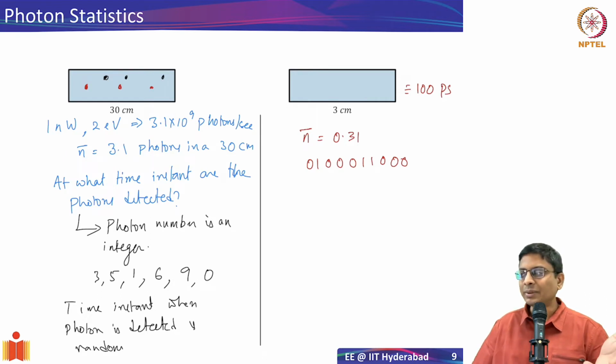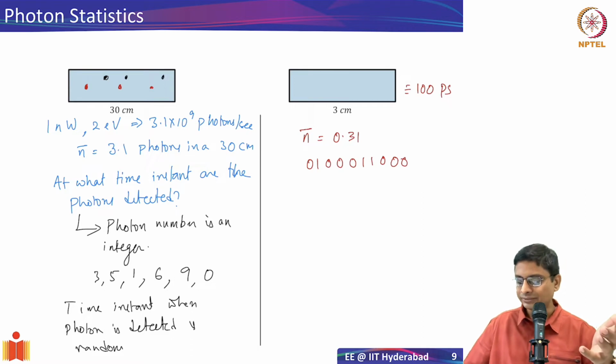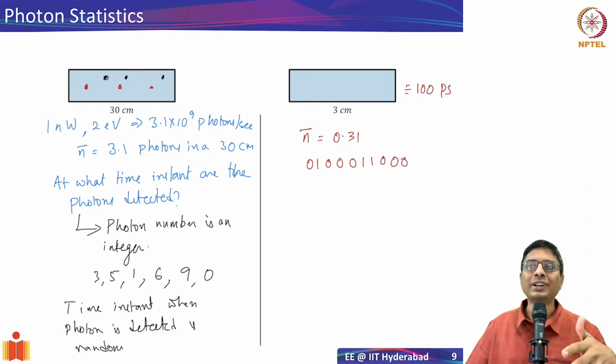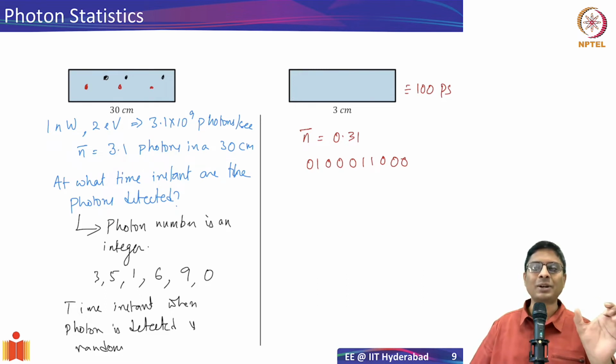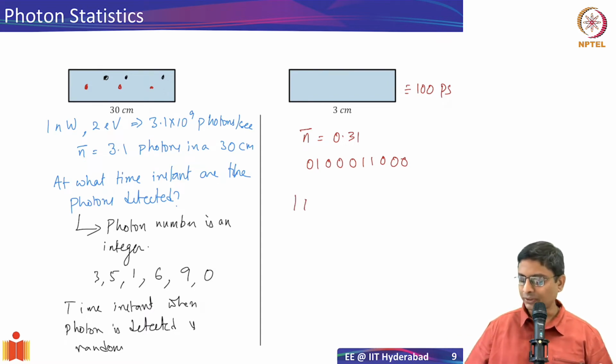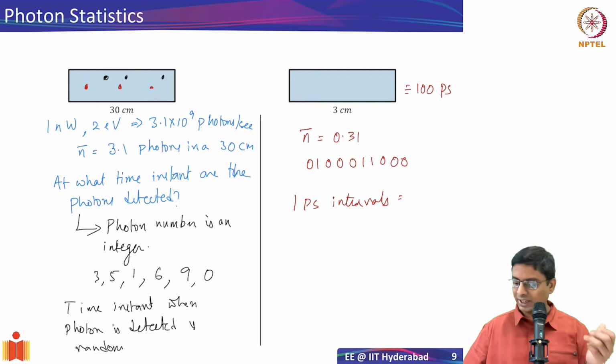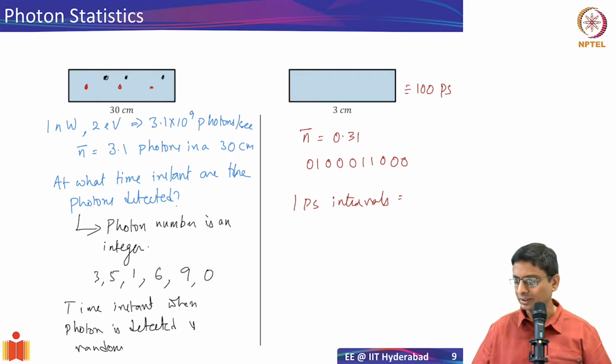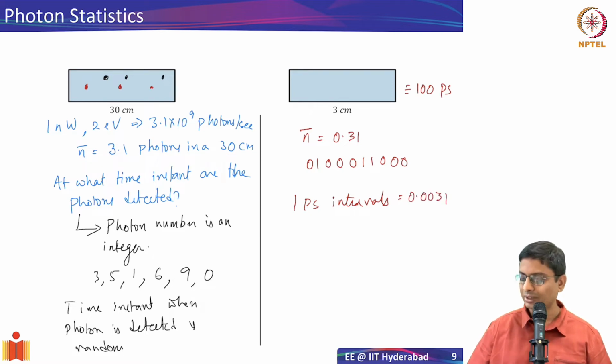Right? So if you go even further, let's say instead of 100 picoseconds, take 1 picosecond. You are able to somehow look at 1 picosecond intervals and you make measurements. Is a photon there or not there? If you take 1 picosecond intervals, your average number of photons is going to be even smaller. For a 100 picosecond interval it's 0.31, so for 1 picosecond it should be 0.0031.